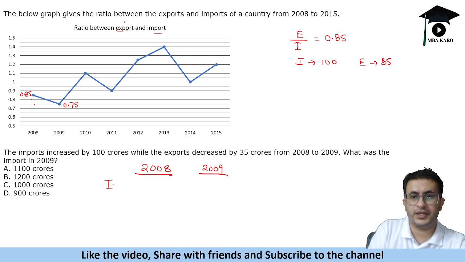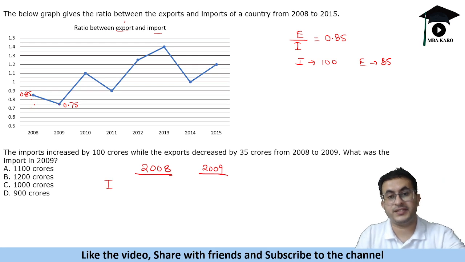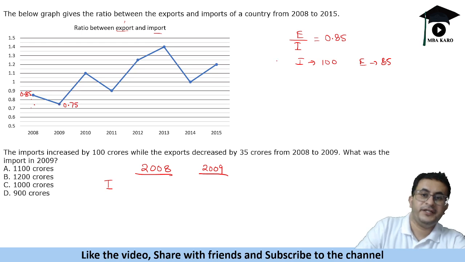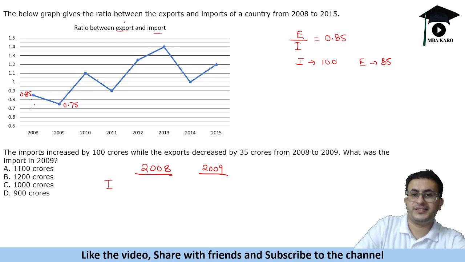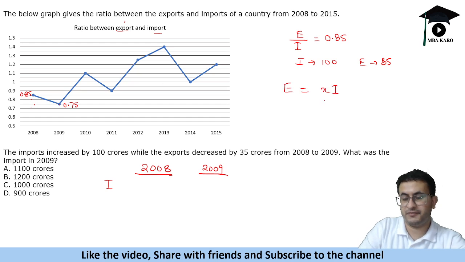So import and export. Now understand that which is the dependent variable. Okay. Dependent कौन है? If we take export upon import, we see that E is equal to x into I, where x is the ratio given, right? So this is independent and this is dependent. So we will take import as 100.